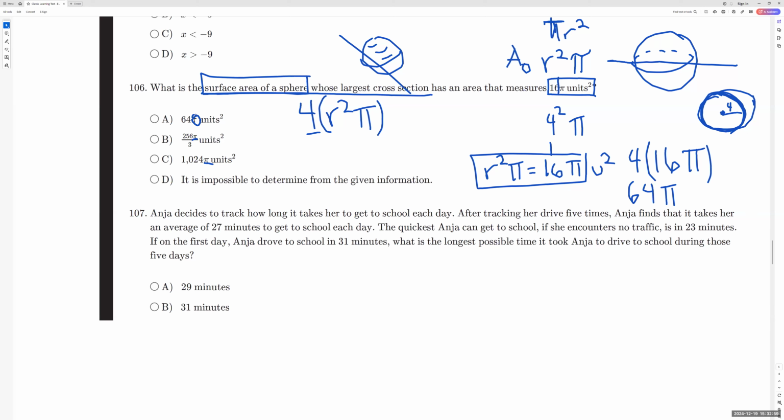So 64 pi is my first answer. That's it. So the surface area of a sphere is equal to 4 times the radius squared times pi, which is the area of a circle. This is still area of a circle, which we had the trouble to find first, but it was helpful.